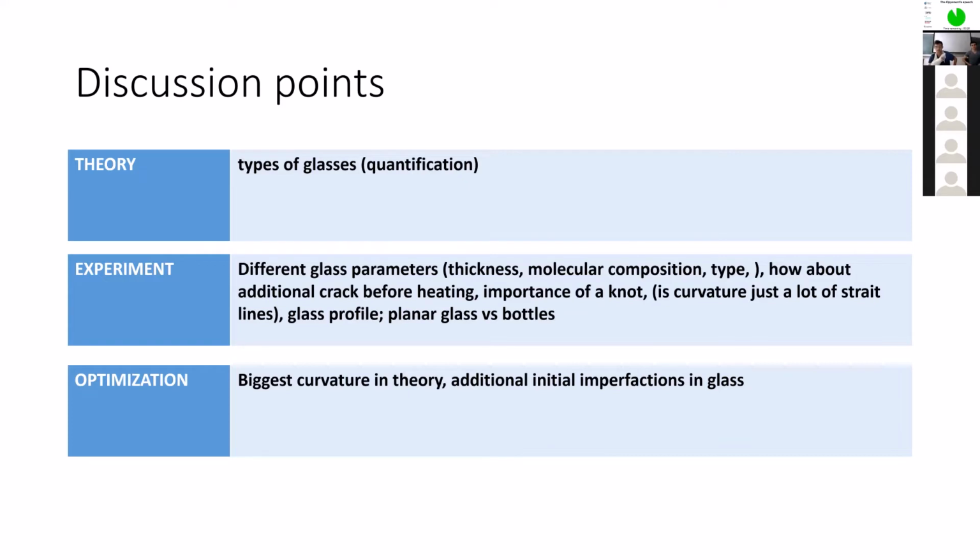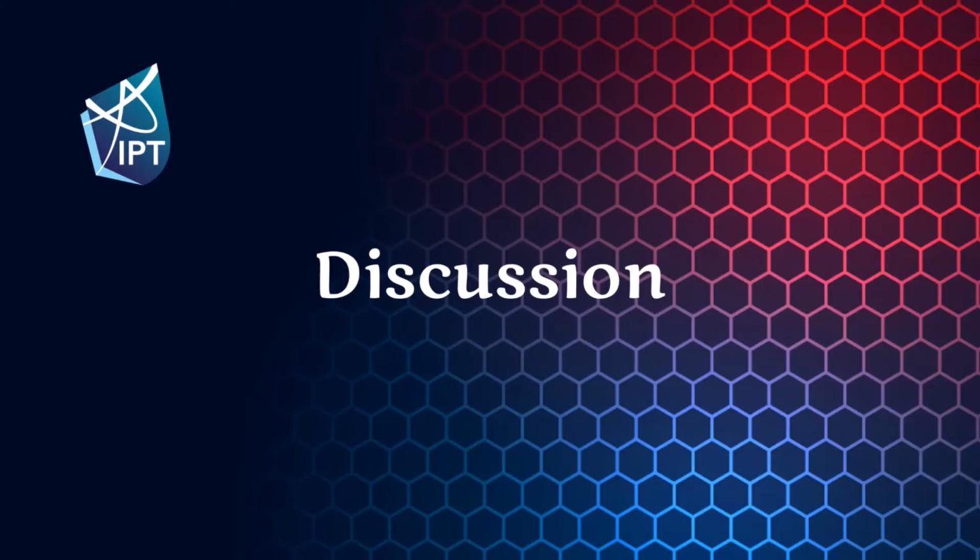We are concerned about some additional cracking before heating, which could be beneficial in this more complex structure, and what could be the biggest curvature in theory, and how could this be approximated?